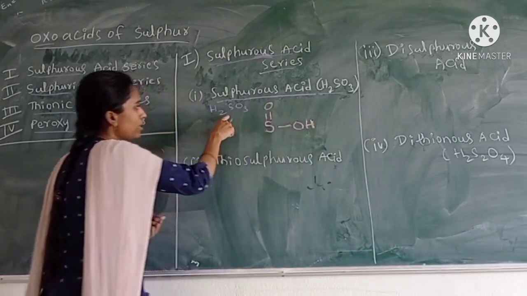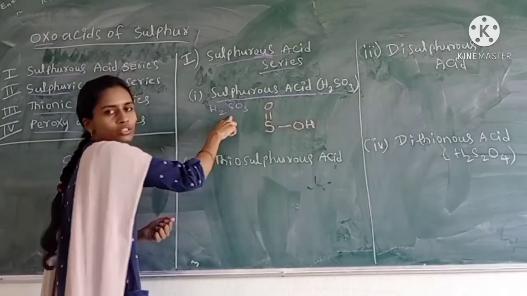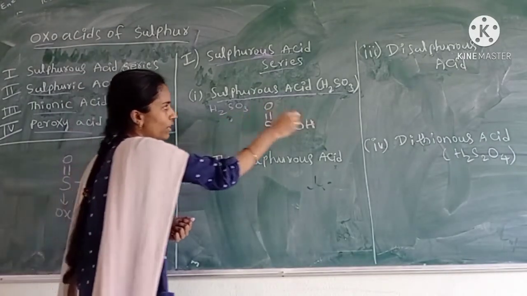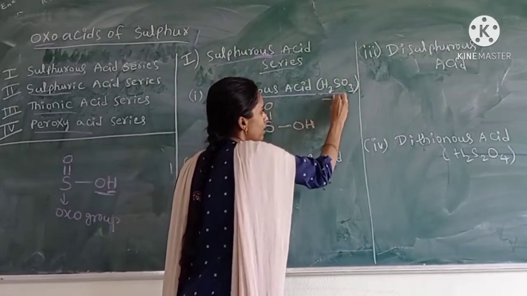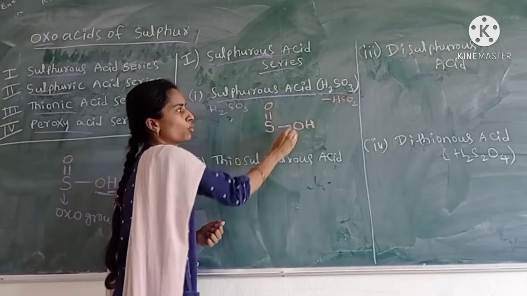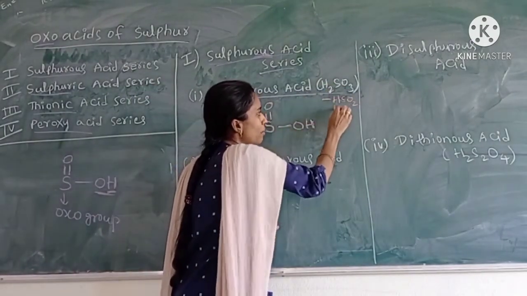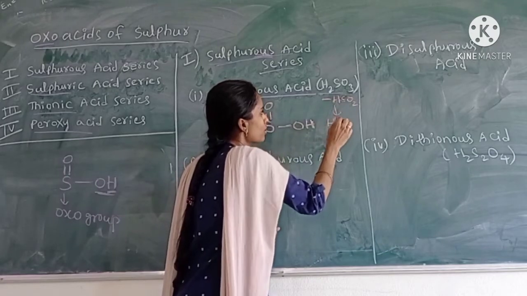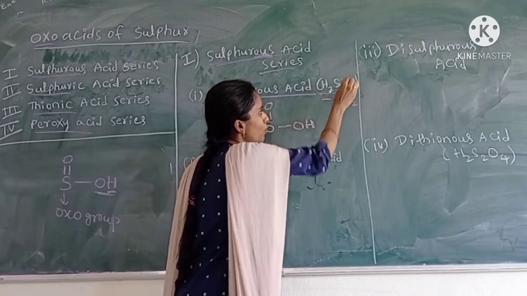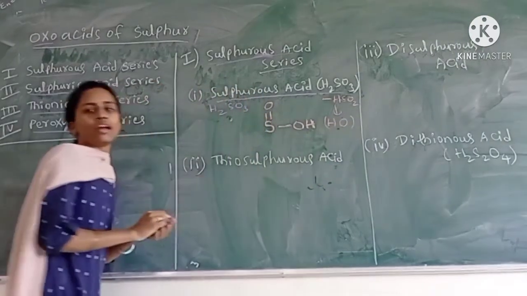And what is remaining here? If you subtract this group from the acid, what do we get? This is the HSO2 group. If you remove this HSO2 group, what remains? H and S are going, and one oxygen remains, so this OH is remaining.